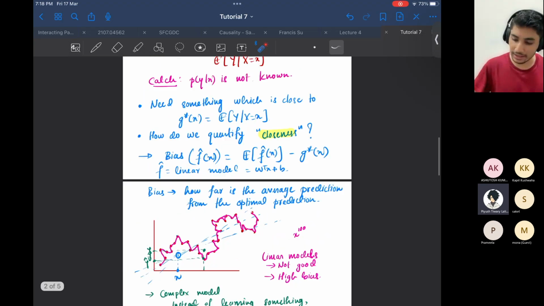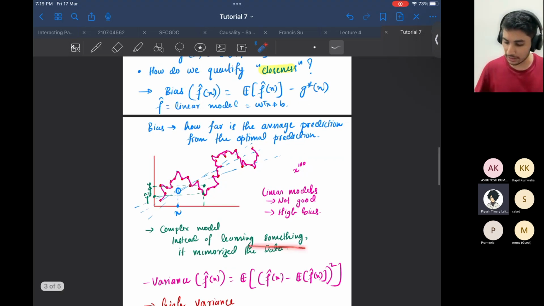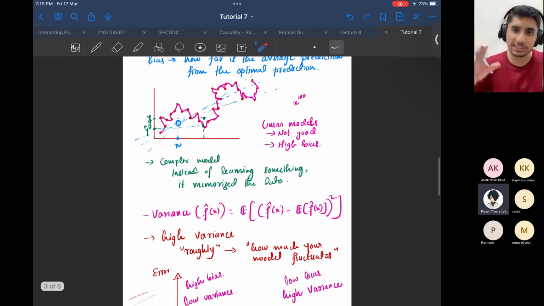So bad for us. Then we came up with some trickery. We came up with terms like bias and variance, which helped us make sense of models. How do I quantify if a model is good, if it fluctuates a lot, if it is close to my optimal classifier or not, and things like that.